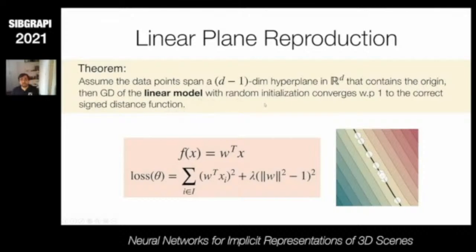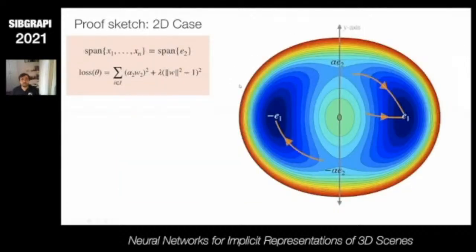If the points span a d-1 hyperplane in R^D, the gradient descent will converge to the correct SDF, forced by the IGR loss function. So let us consider the following 2D visualization, the 2D landscape of this loss behavior.